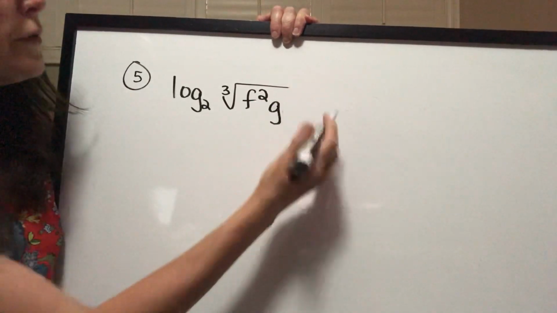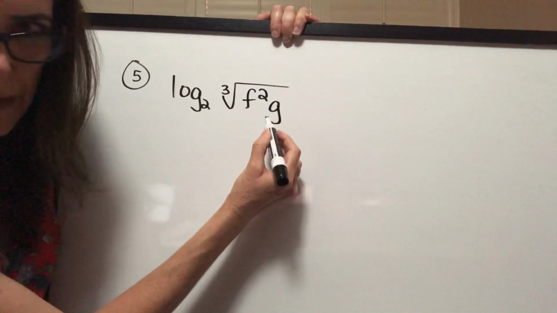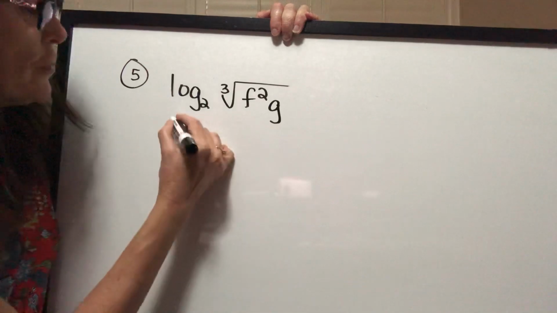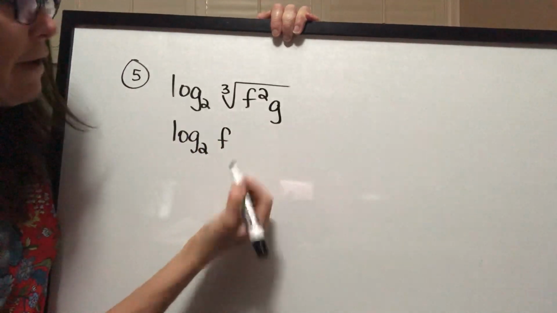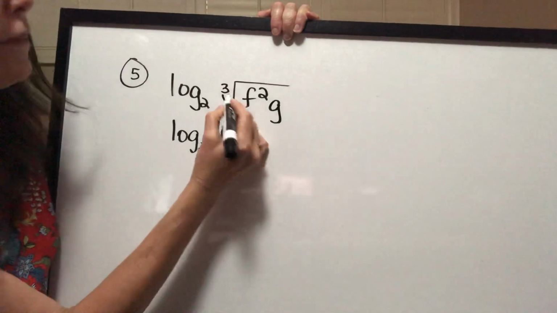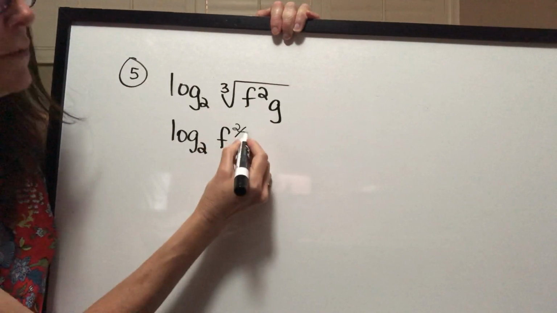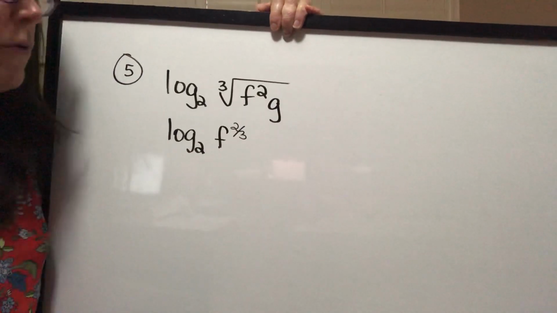So here's how it would go. There are two different numbers, f and g, so each one will have its own exponent. I'm going to first change them both to have an exponent. For the f, the 2 would be the numerator, and the cube root, the 3, would be the denominator. So that would be f raised to the 2/3 power.